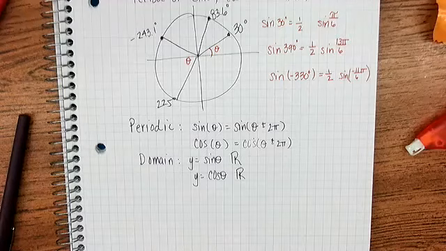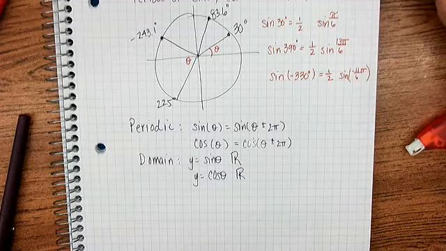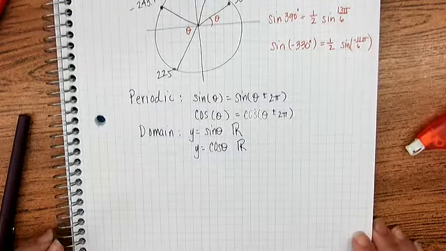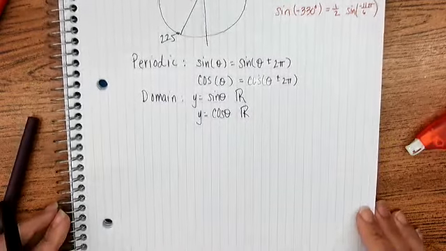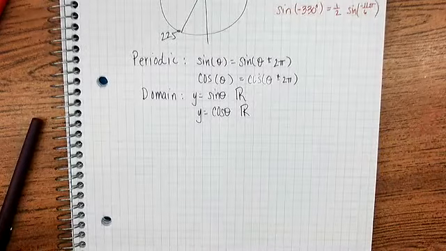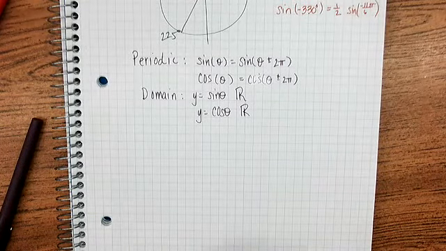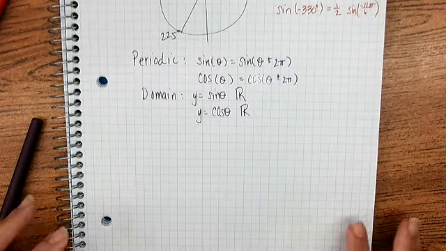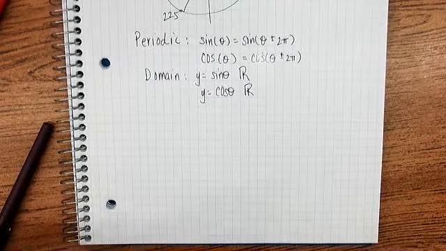As I said not too long ago, we're going to look at secant and cosecant, and you have to be careful because if there are zeros in the denominator, that's going to cause major problems. Let's look at cosecant.